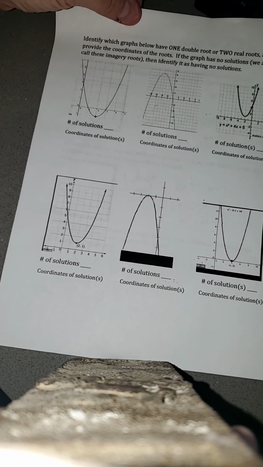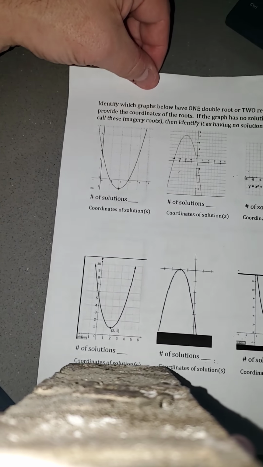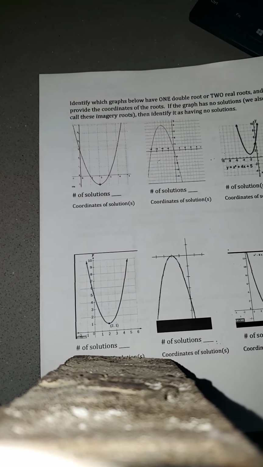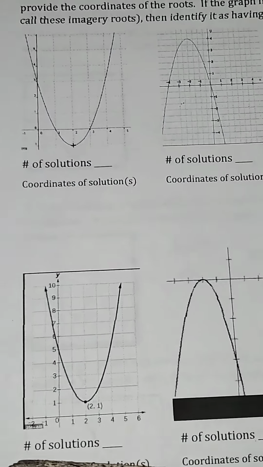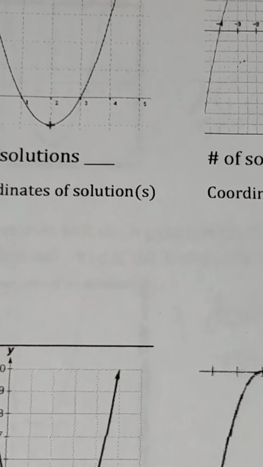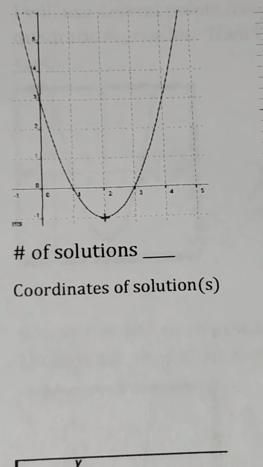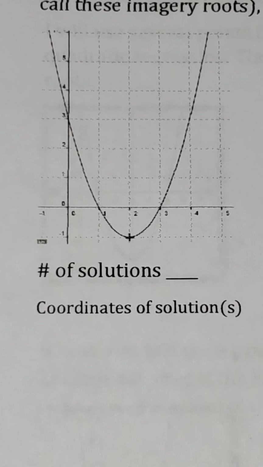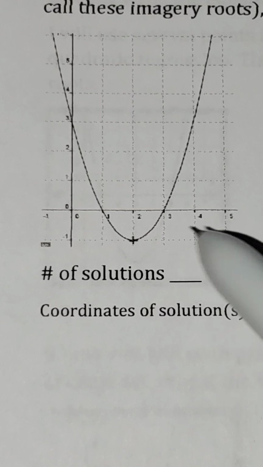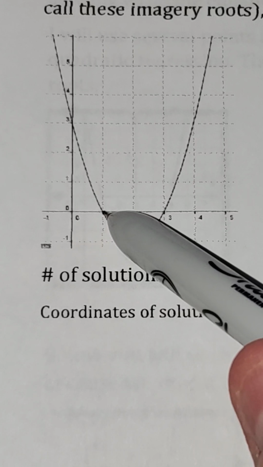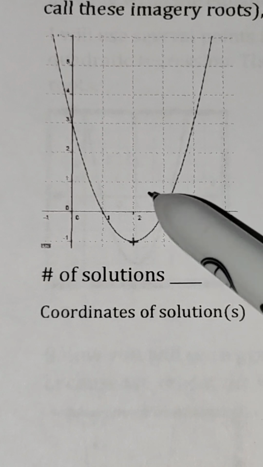I'm going to work two of these problems real quick for you, and then I am going to have you pause the camera, you work the other ones, and we're going to go from there. You're going to tell me if these things have double roots or how many solutions they have and what their coordinates are. So look here, this thing is crossing at 1 and it's crossing at 3.